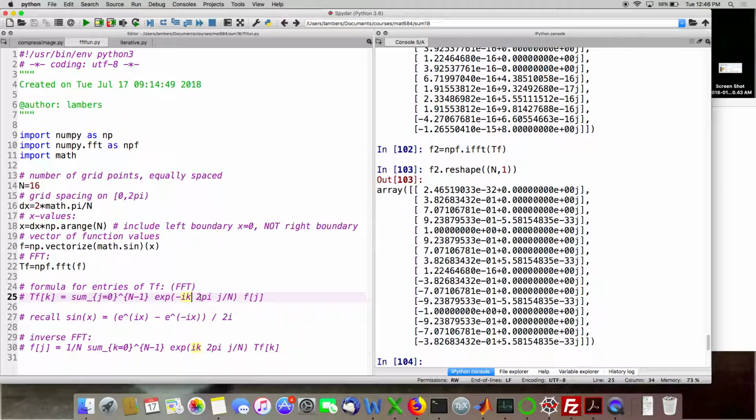It's customary to think of these as a set of frequencies on an endpoint grid as ranging from minus n over 2 plus 1 to n over 2.